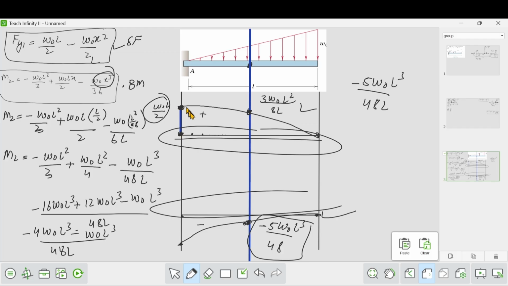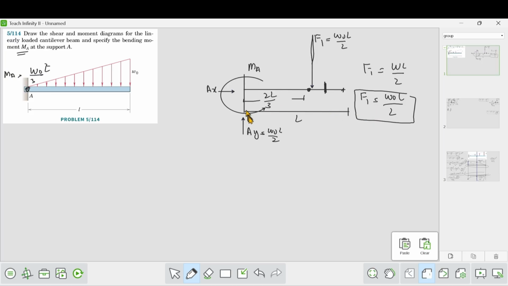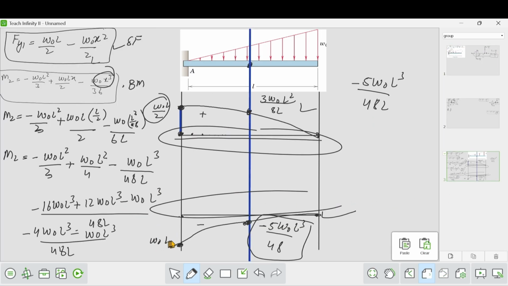And if you put x equal to 0 in the bending moment, you will get omega naught L square divided by 3 at this place. So in that way you can easily find the bending moment and shear force of this UVL loaded cantilever beam.